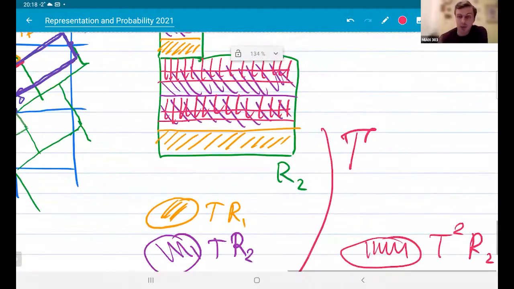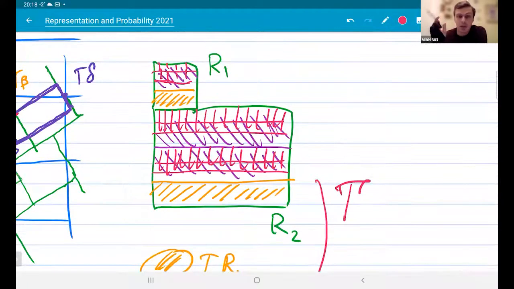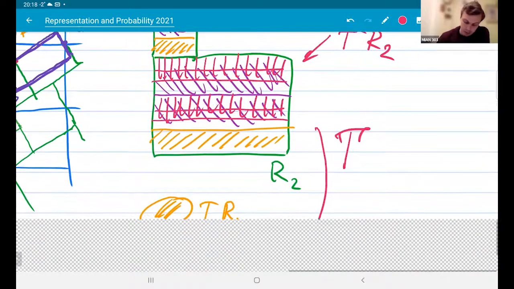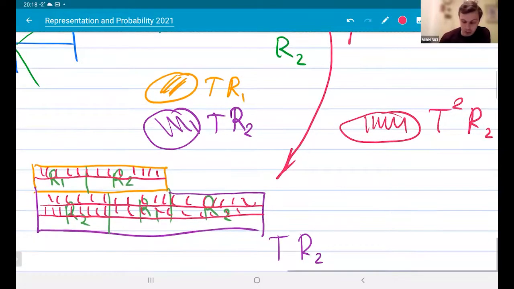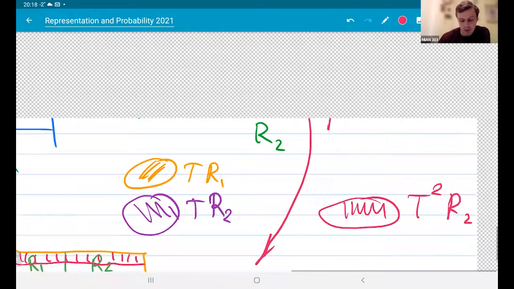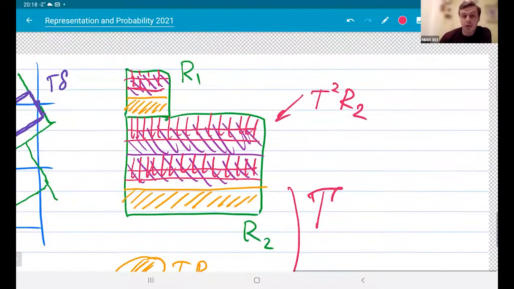Я от каждой полосочки отрезал условно верхние две трети, и это T квадрат от R2. Потому что из нижнего рисунка мы видели, что в этой фиолетовой полоске наша красная составляет верхние, условно говоря, две трети. Поэтому картинка будет вот такая.